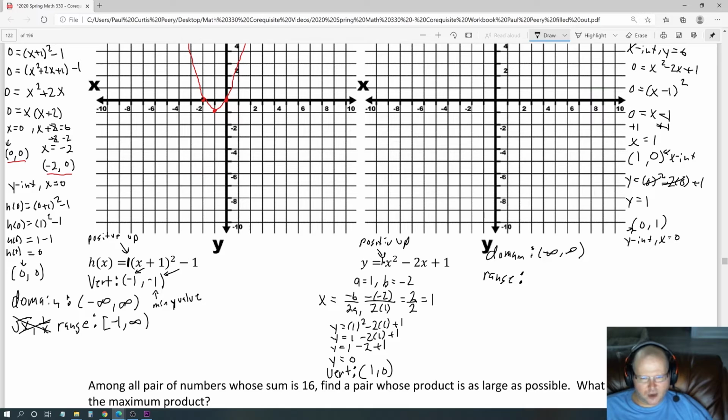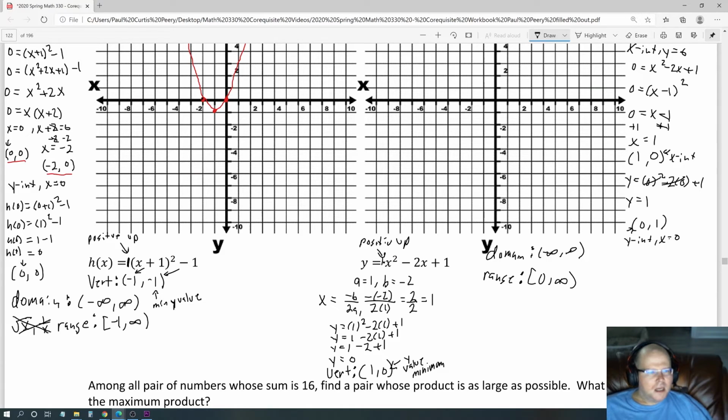You see right there, the coefficient is positive, so it's going to be facing up, which means this y value is the minimum. So we are going to start with 0, and we are going to go up to positive infinity because there's no reason for it to stop.